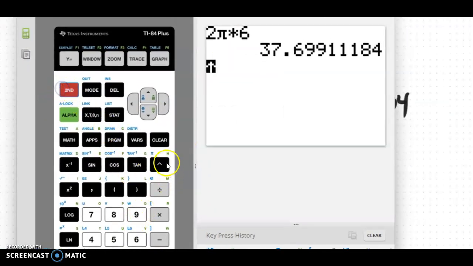So I'm going to find the pi button, and then I'm going to hit times 6, and then the squared. You can either do the caret symbol and then the number 2, or you can, let's delete that, hit this button here above the log, and it's any value squared. So it automatically puts that little superscript 2 there.